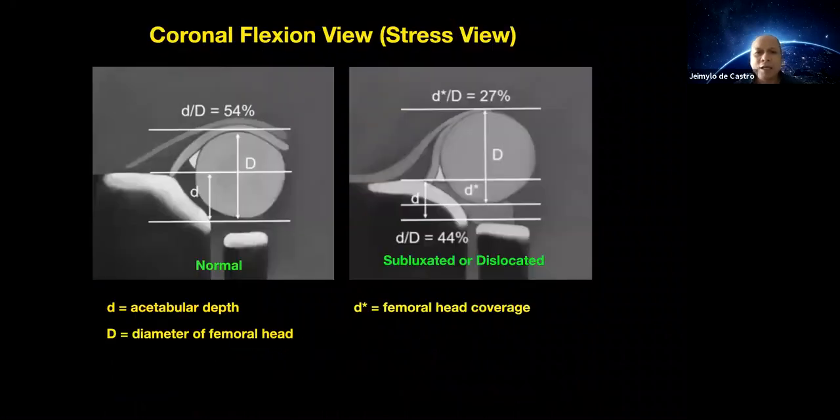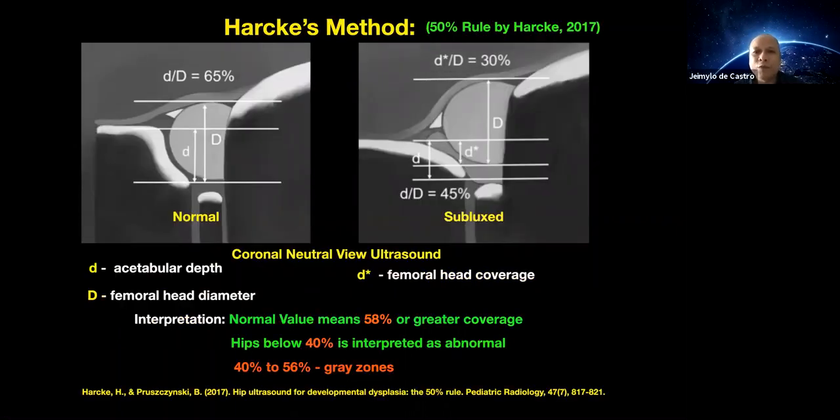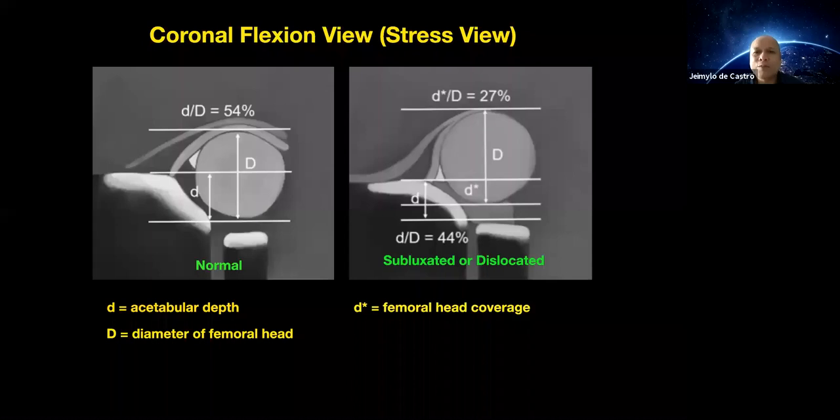But here, I'm going to show you what if you actually stress it. You stress it by flexing the hip. So when you flex the hip, this is what happens. You move it more, and you can see that as we compare it from the previous one, which is 30%, now it becomes 27%. So it's really dislocated.